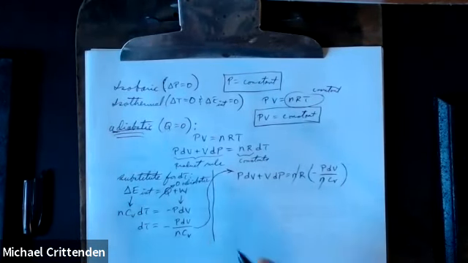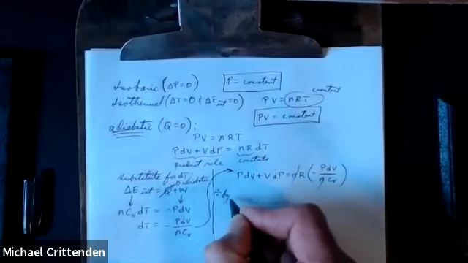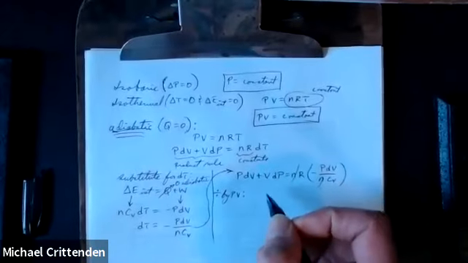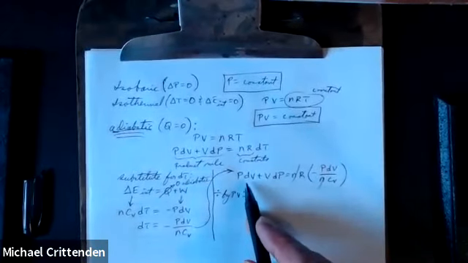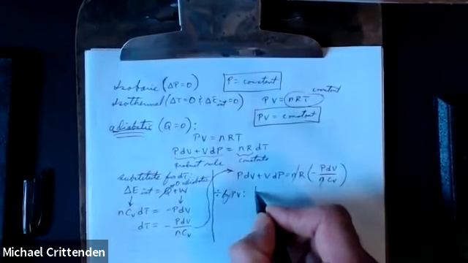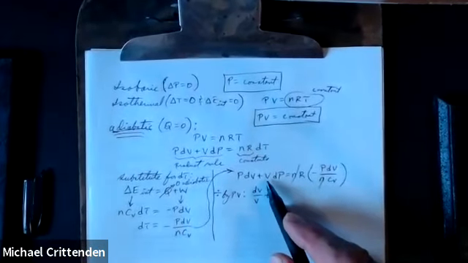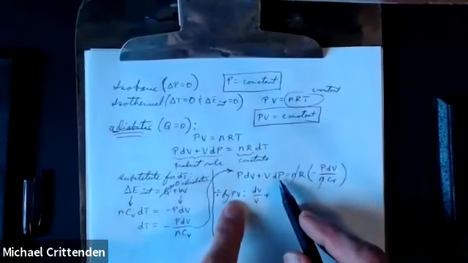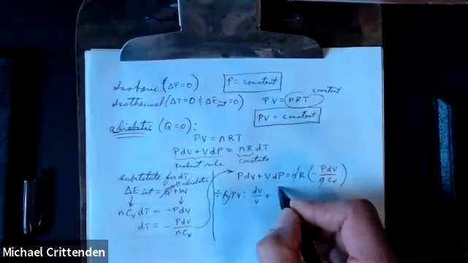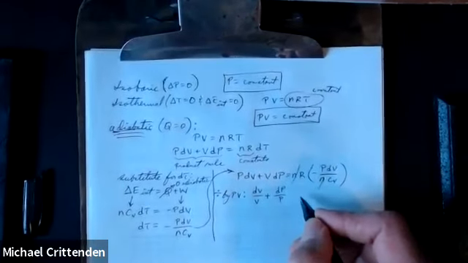And we can clean it up some more if I divide through the equation by P times V. So in this first term here, P dV divided by PV, well, P over P is going to cancel out, and I'm going to have dV over V. In the second term, V dP divided by PV, well, V over V is going to cancel out. I'll have dP over P. Now the variables are separating nicely.